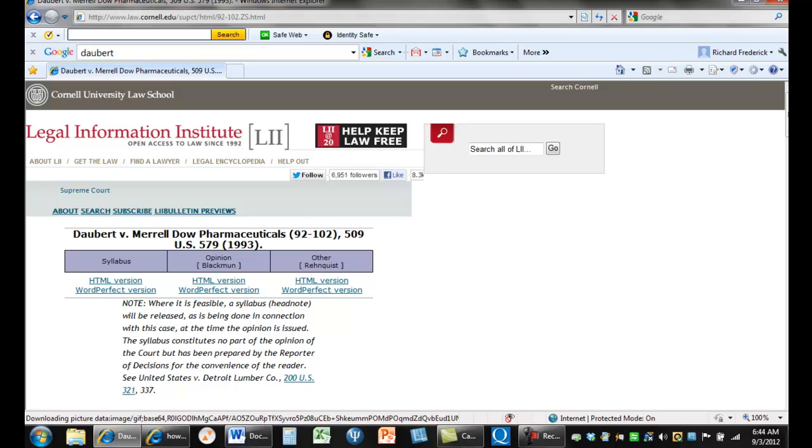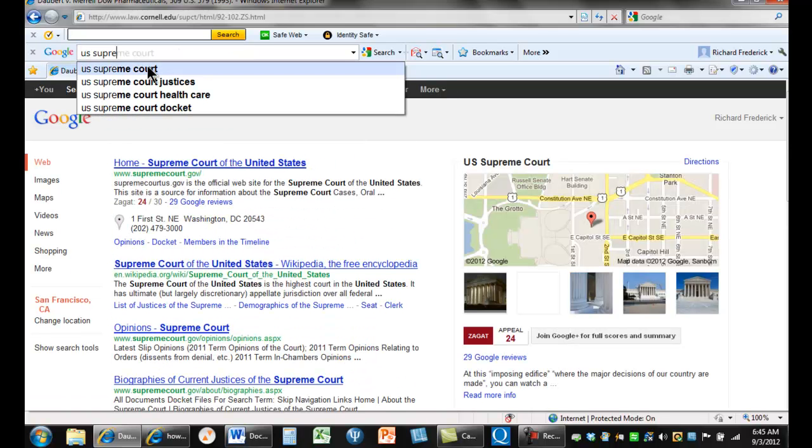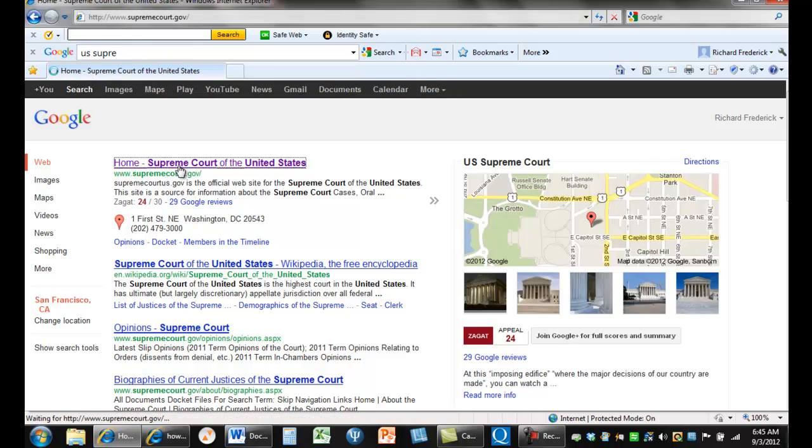Well, let's just go to Cornell Law. And you see you can get the case here. No charge. Law Finder's gotten kind of hard to use, but for any U.S. Supreme Court case, you could just always go to the U.S. Supreme Court, and they will have the case there.